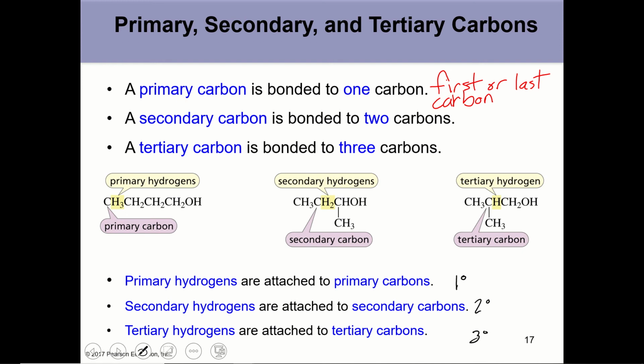And then a secondary carbon is bonded to two other carbons. And so this is usually in the middle of a chain. Okay.